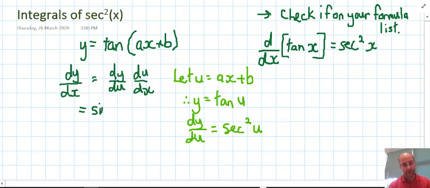Oops, I was going to write sine then, sec squared u. Pardon me, that was silly. Okay, sec squared u, let's try again. Okay, there it is, and the next part, du/dx, is the derivative of this with regard to x.